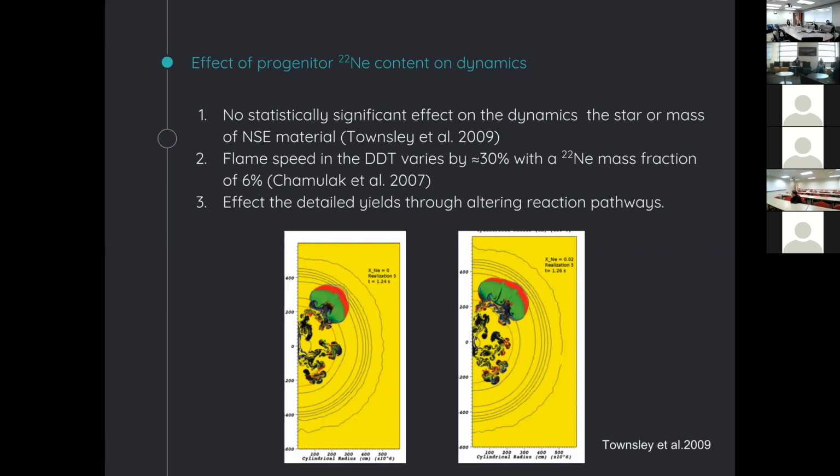So the main concern is that the flame speed in the DDT models, the deflagration-to-detonation transition models, varies by 30% when you change the neon mass fraction, and this could have significant effects on the nucleosynthesis. So for the plots that I've just shown you with the neon-22 mass fraction versus the nickel-56 to be robust, I would need a suite of models of the three-dimensional supernova explosion, and also the progenitor to the white dwarf.